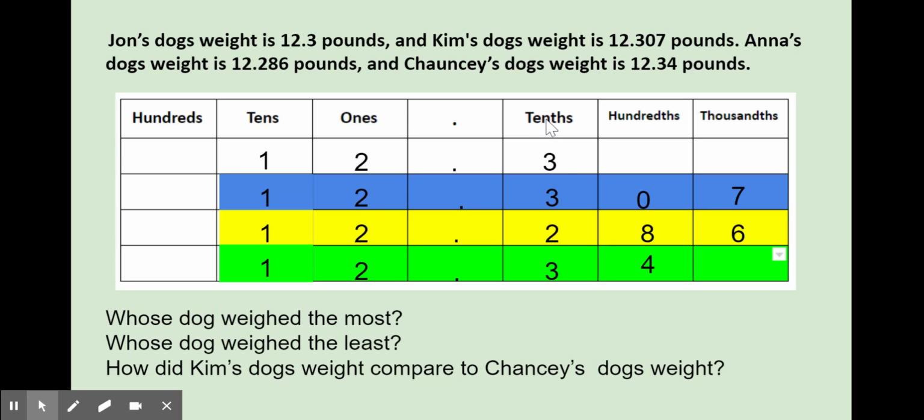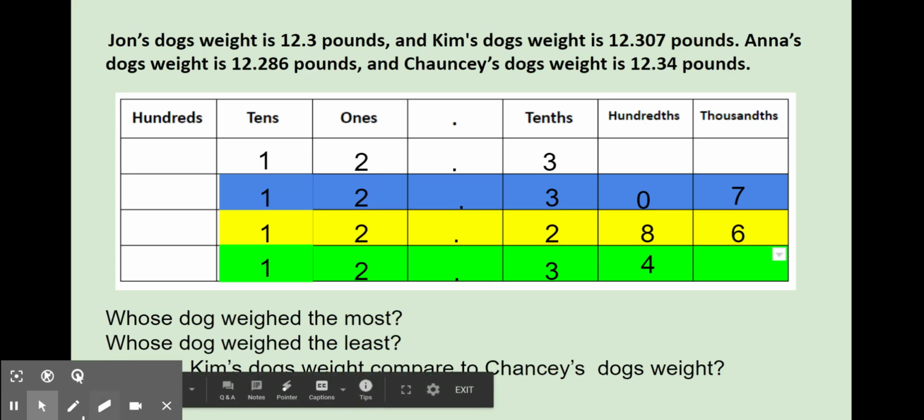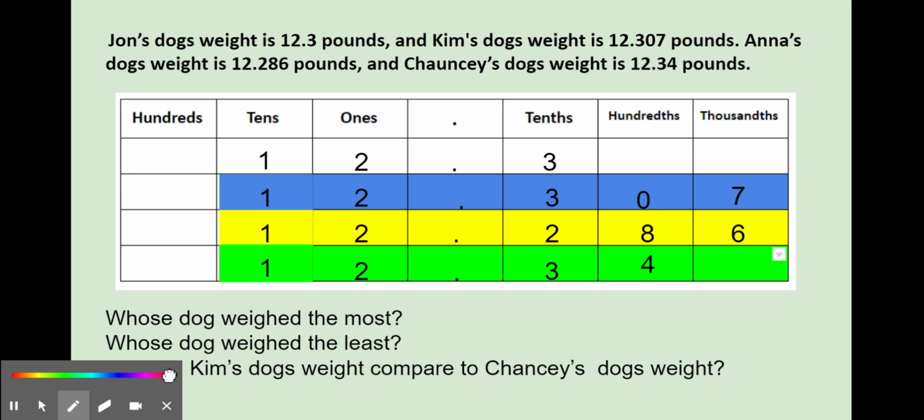Go to the tenths place, and I have 3 out of 4 numbers that are the same, and the other number is 2. And 2 is less than 3, so that makes 12 and 286 thousandths the smallest number out of our list.